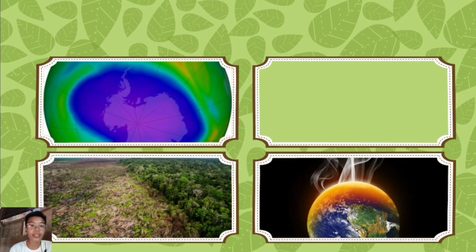Next, we have the ozone depletion. Ozone is a gas that occurs both at ground level and in the Earth's upper atmosphere, known as the stratosphere. At ground level, ozone is a pollutant that can harm the human health, but in the stratosphere, it is a layer that protects the life on Earth from the sun's harmful ultraviolet rays.